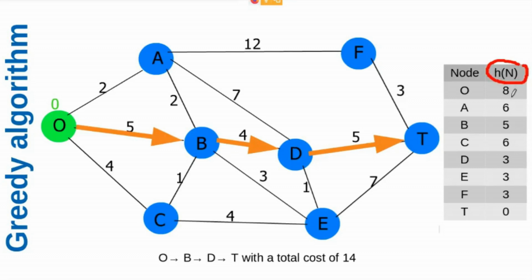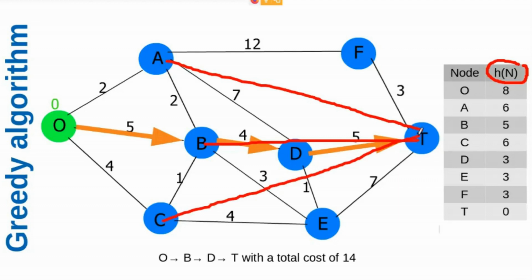So we consider A, B, and C, all neighbors of the origin, and their associated heuristics.